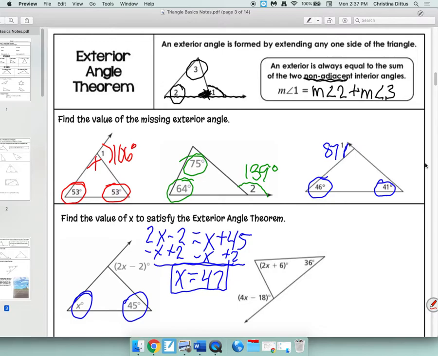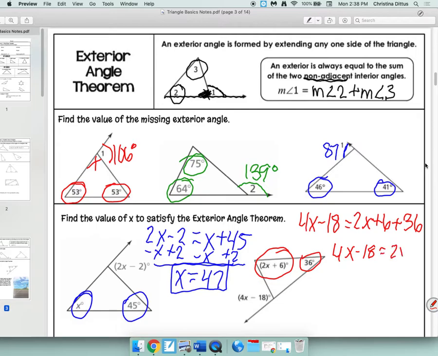Alright, the next one, what's my outside angle? 4x minus 18. And it has to equal what with these two? The sum. So 2x plus 6 plus 36. So combined terms over here, we get 2x plus 40. Then just solve for x.